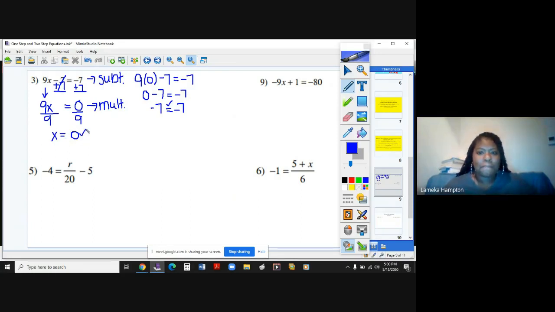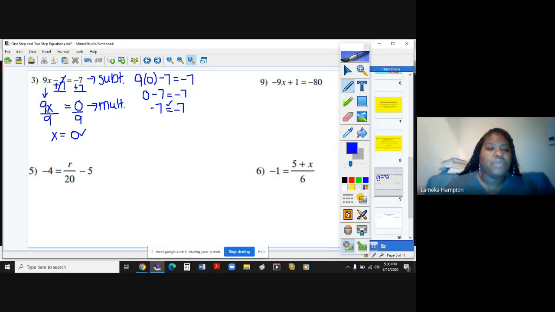So just a quick recap. We dealt with two operations in this particular problem. We had a subtraction problem first. And what we had to do the opposite, which was add. So I added 7 to both sides. And then I crossed that out. And I brought my 9x down.